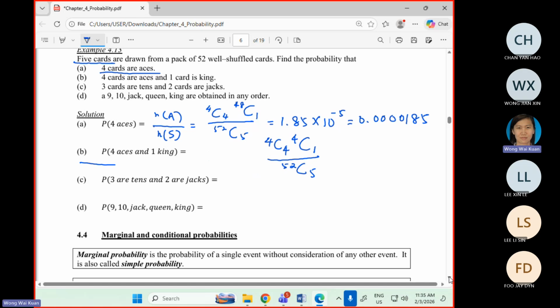Okay, then what about this? 3 are tens and 2 are jacks. Then how can I get 3 tens? 4C3, jacks 4C2, then over 52C5.